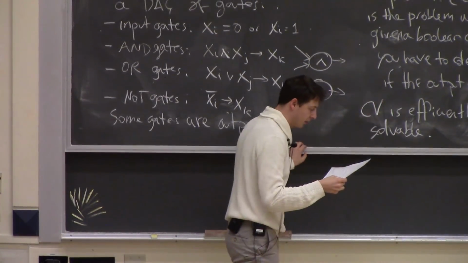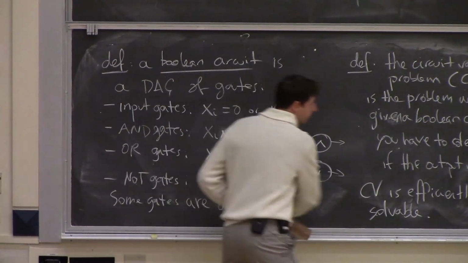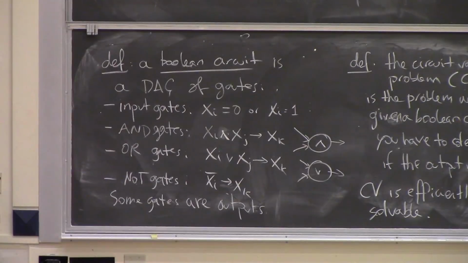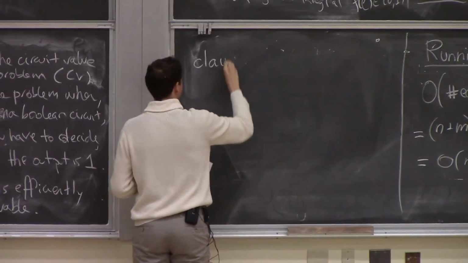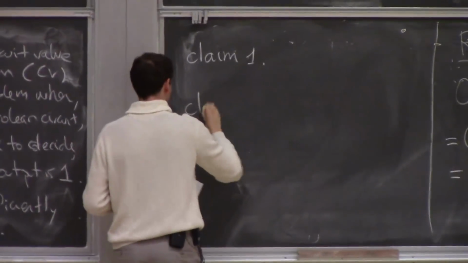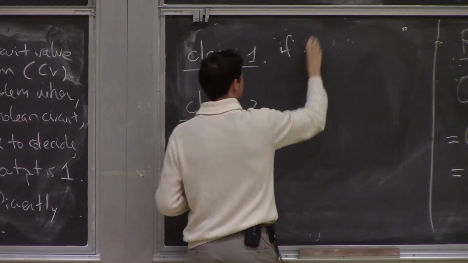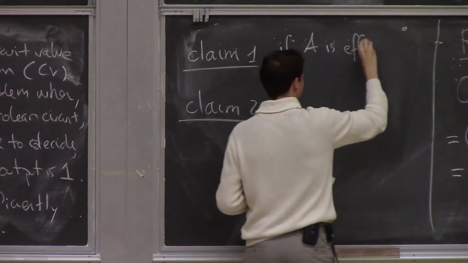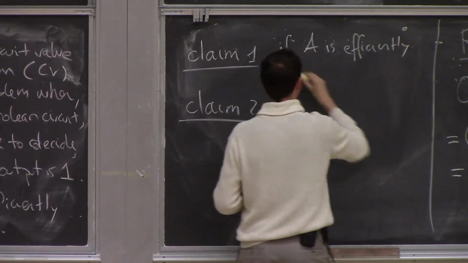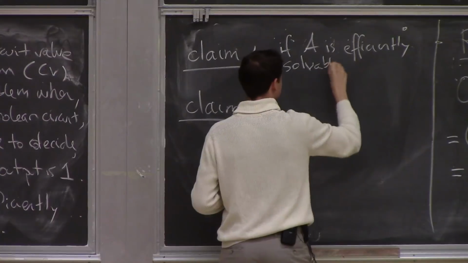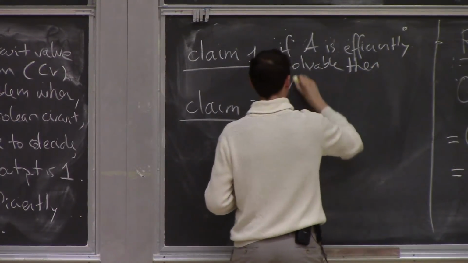Okay, cool. So what does it have to do with linear programming? Well, two things. Let's move here. I'm going to make two statements. One we will prove, the other one is just kind of true by philosophy, okay? Claim 1 says that if A is efficiently solvable, then A reduces to CV.